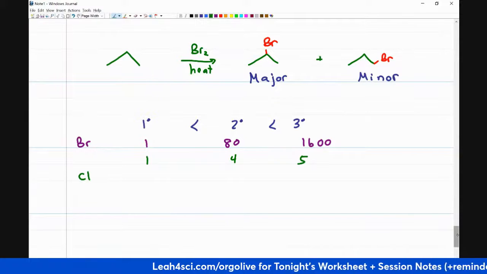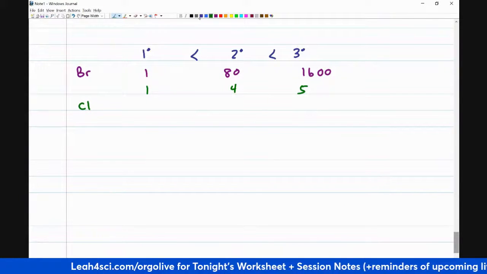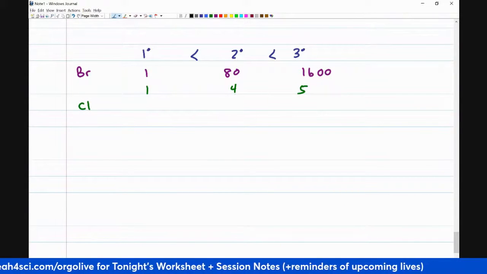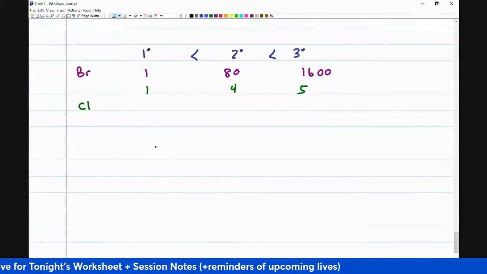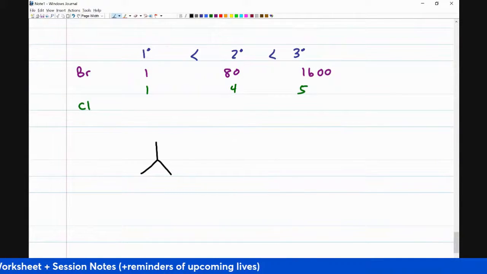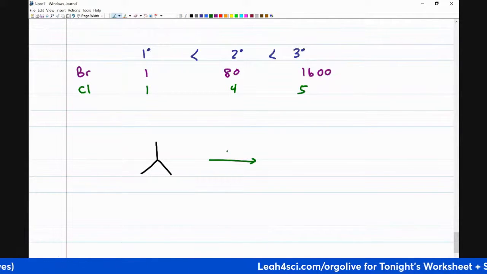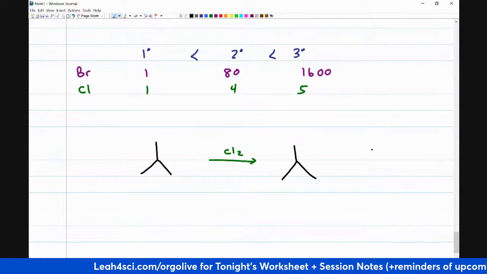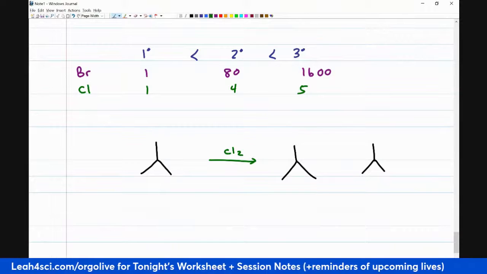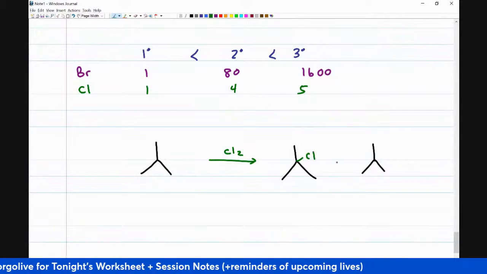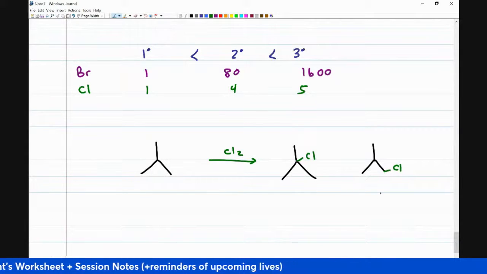So let me show you why this matters. If I have a molecule that looks like this, and I react it with Cl2 in the presence of heat or light, now I have the option of putting the chlorine on the tertiary position or the primary position.